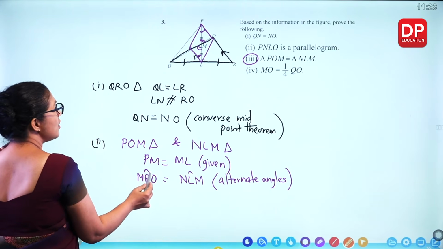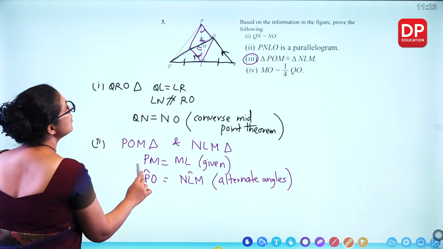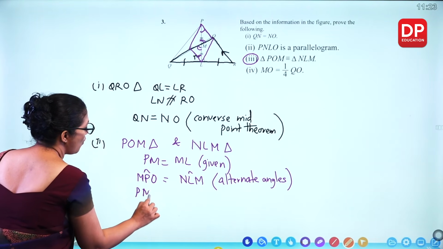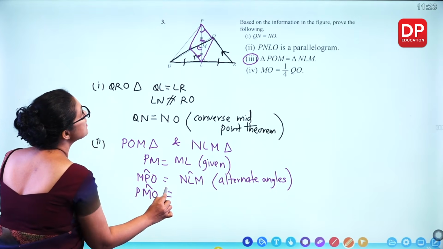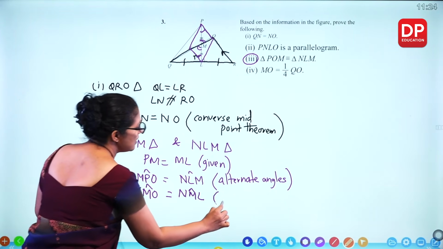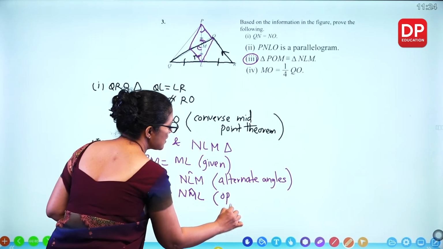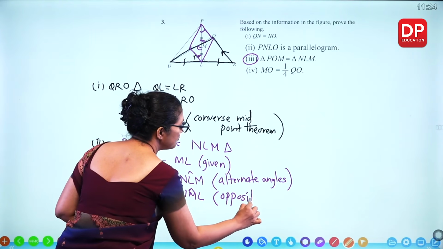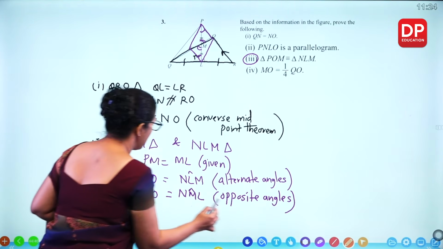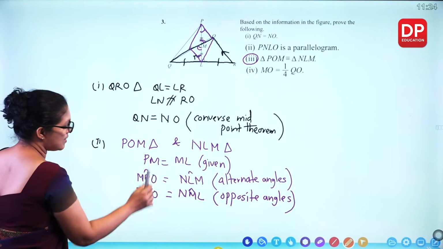So I'll write down, this is PMO triangle. So this angle PMO is the same as NML angle. Those are opposite angles. Then two angles and one side.